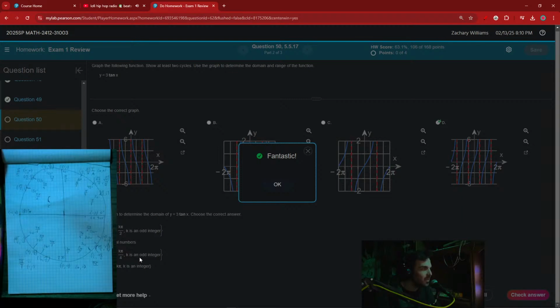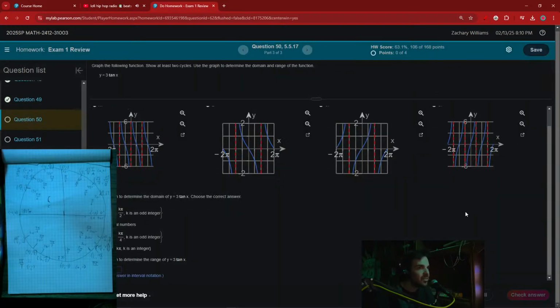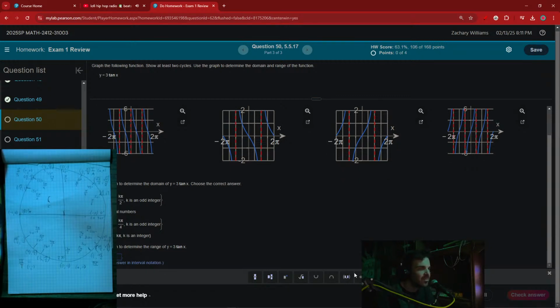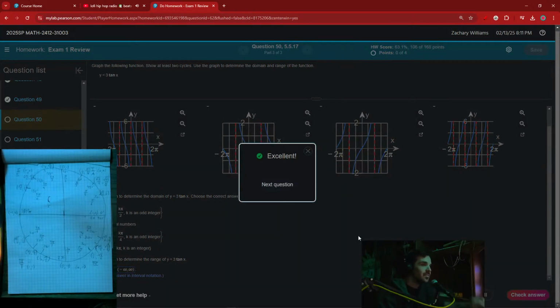If they put tan half x, it would be this one. Pretty sure. Range is, I think it's infinity, right? Yeah. Nice.